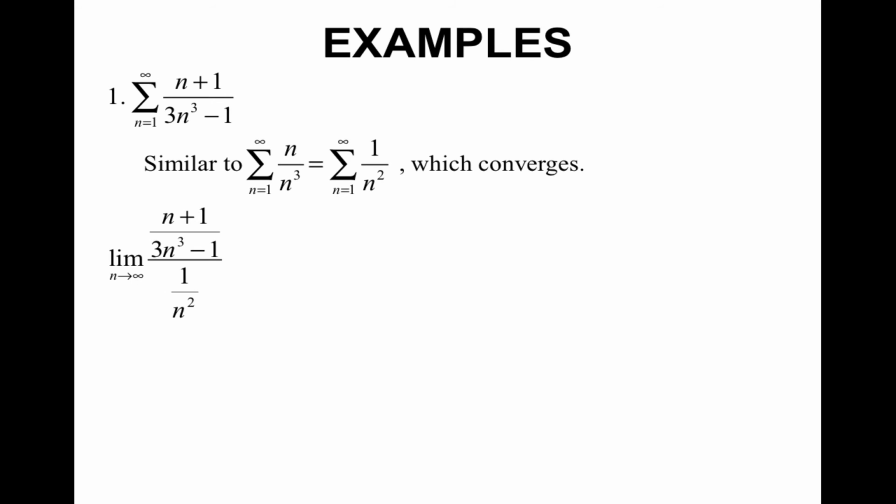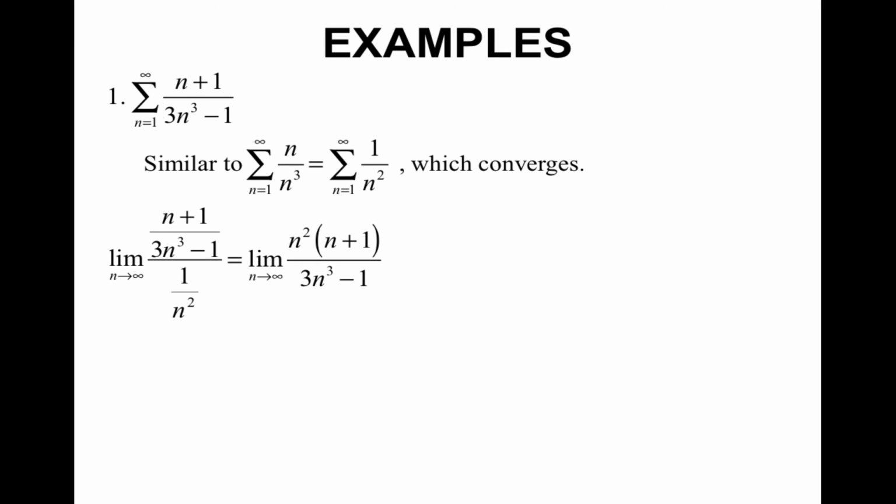So now, I'm going to go ahead and take the limit of one of the series over the other series. First, I'm going to do some simplifying before I attempt to take the limit. So I now have n^2 times (n+1) all over (3n^3 - 1). Now if I went ahead and put in infinity for n, I'm going to get infinity over infinity.